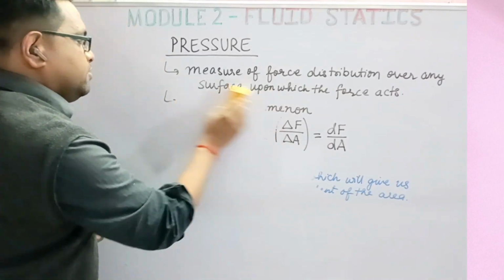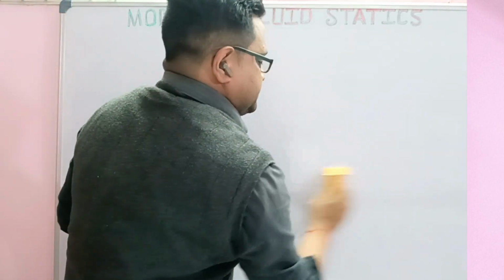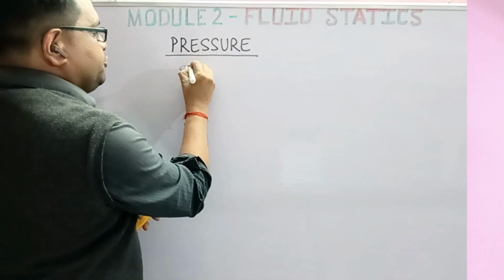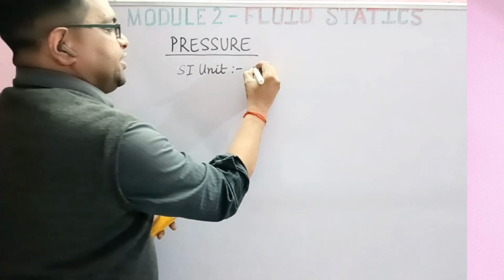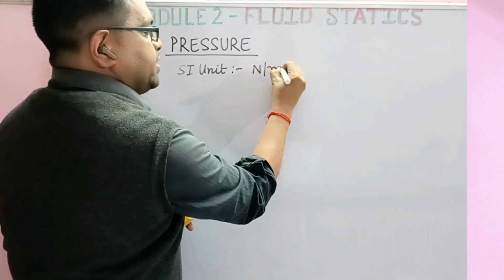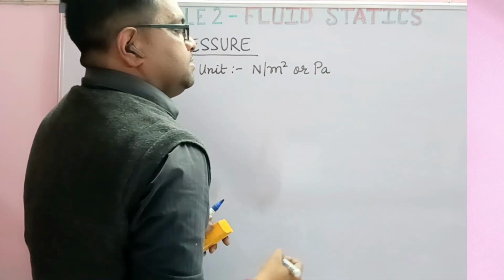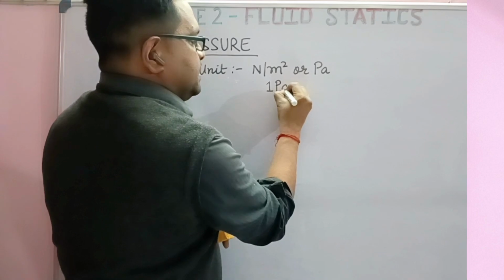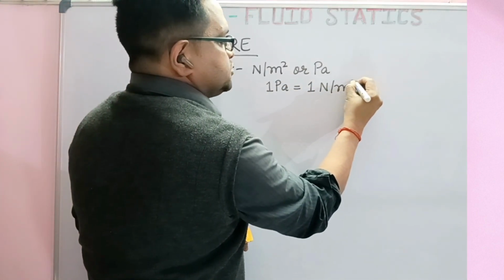So the SI unit of pressure is Newton per meter square, or it is also known as Pascal. So we will say that 1 Pascal is equal to 1 Newton per meter square.